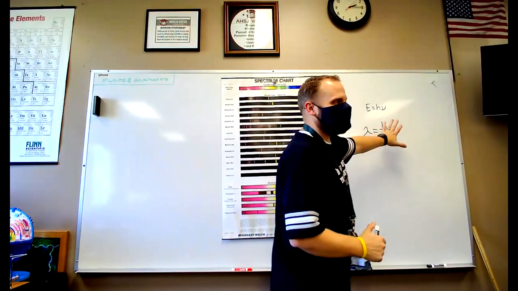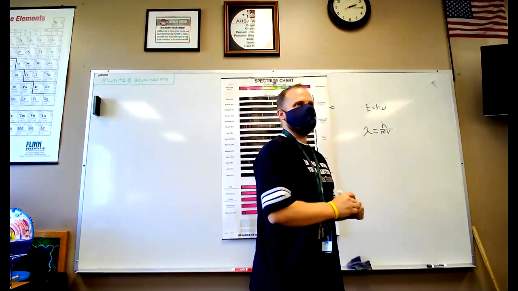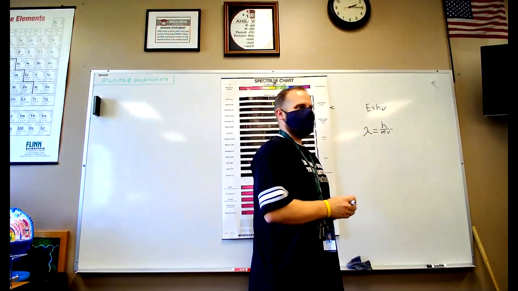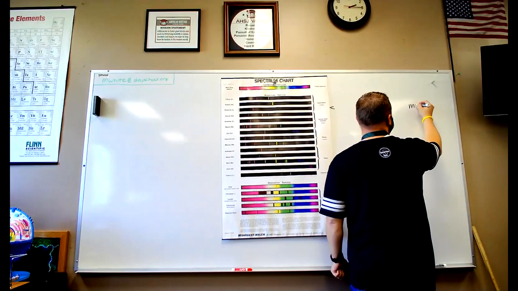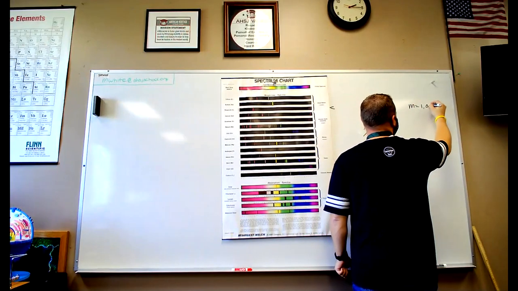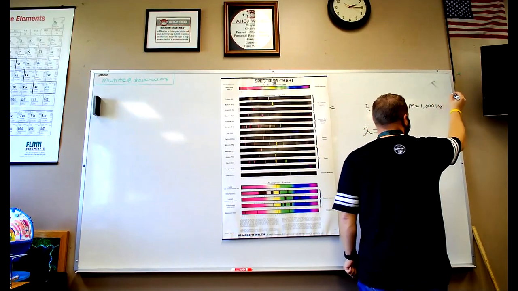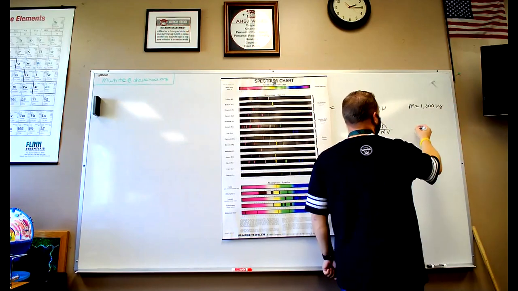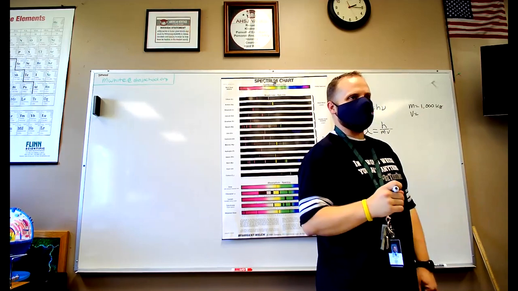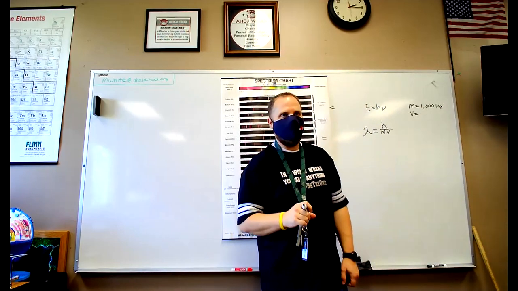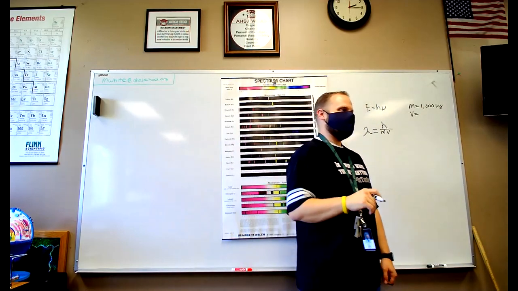Well, let's look at this. Let's say that your car, the mass is 1,000 kilograms. The velocity, just pick a velocity, we'll say it's moving at 10 meters per second.